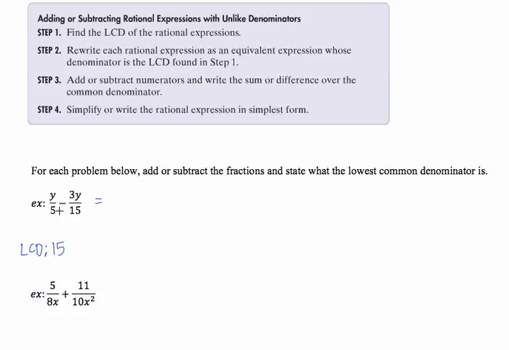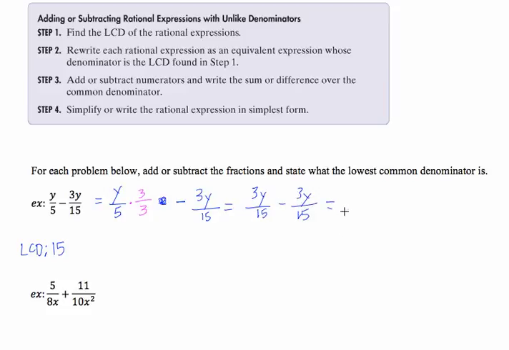So we need to multiply the first fraction by a fancy form of 1. The y over 5, I'm going to need to multiply it by 3 over 3 to get a 15 in its denominator. And then, oops, that should say minus. And then the 3y over 15 doesn't need to be changed at all. So then we'll have 3y over 15 minus 3y over 15.